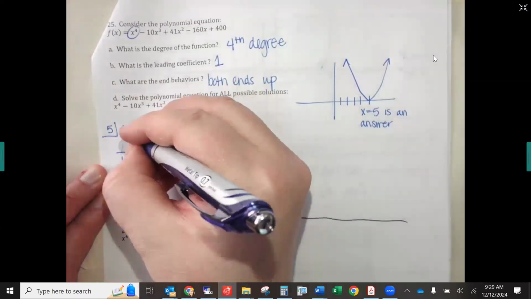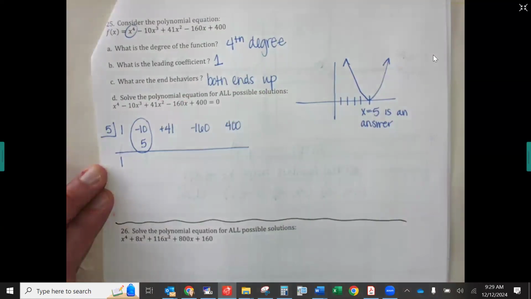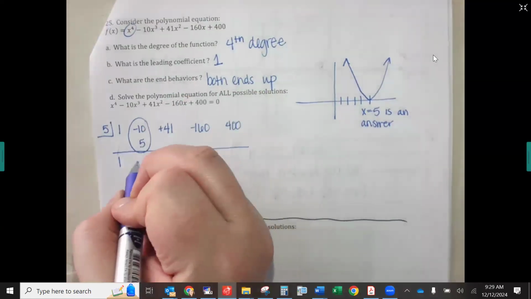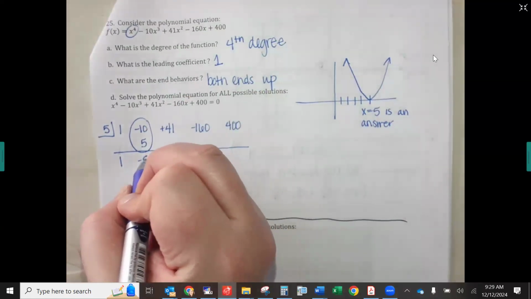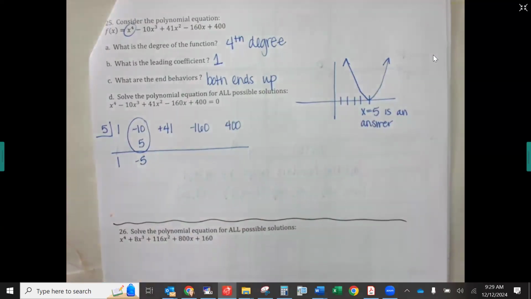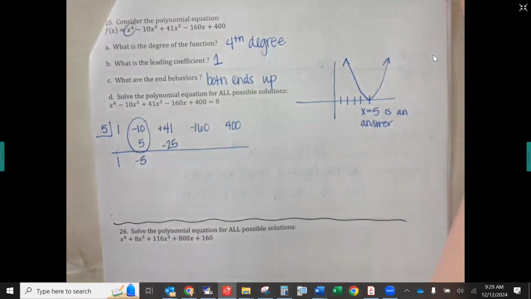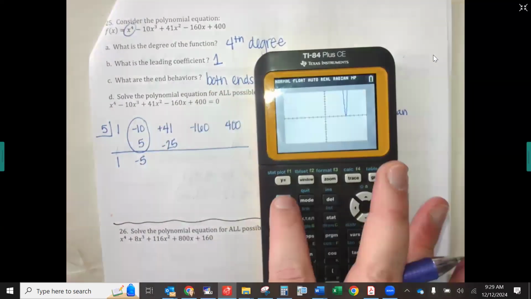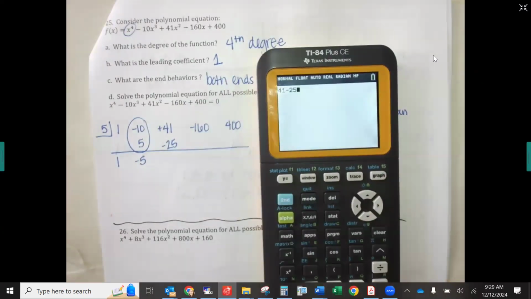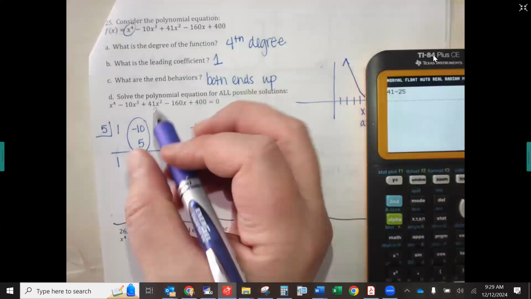Then I combine that column. What's negative 10 and 5 together? Negative 5 is correct. Negative 5 times 5, what do we get? Negative 25. Then we'll do 41 minus 25. Gives me 16.